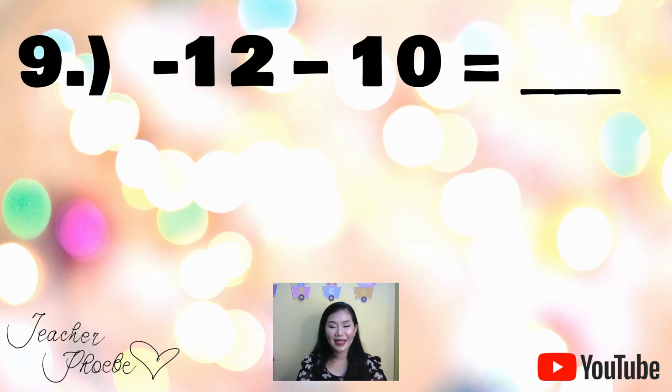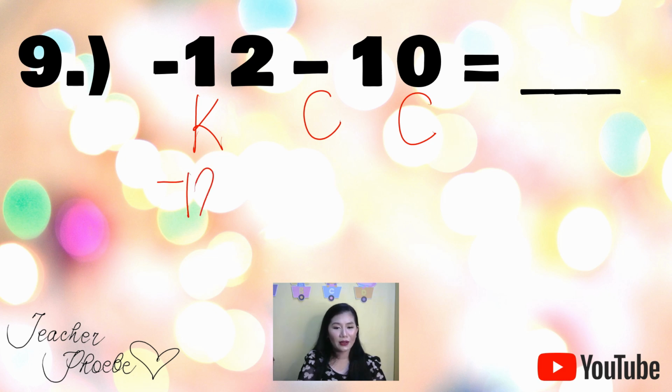Okay, so let us have the ninth example. Negative 12 minus 10. This is equal to what? Apply, keep, change, change. So, applying keep, change. This will be equal to negative 12. Okay, change the operation from minus to plus.